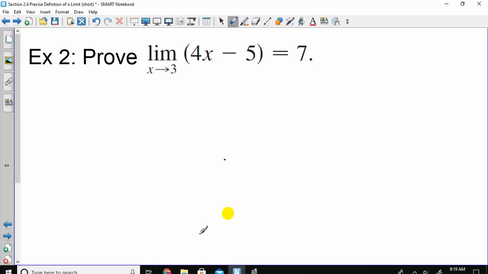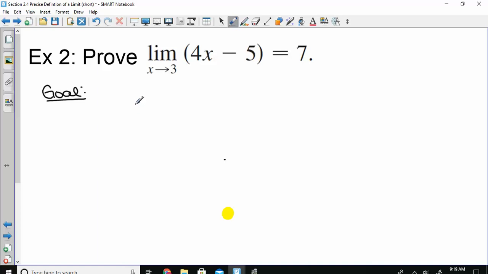And the definition says, if this is really the limit, you can get your y value as close to 7 as you want just by making your x get closer to the 3. But we just have to figure out how close to 3 do I have to be to make my y close to 7.